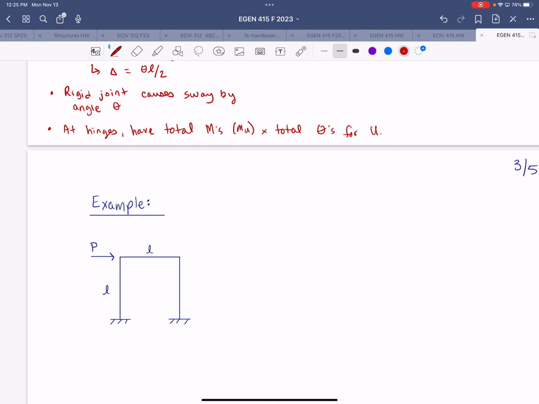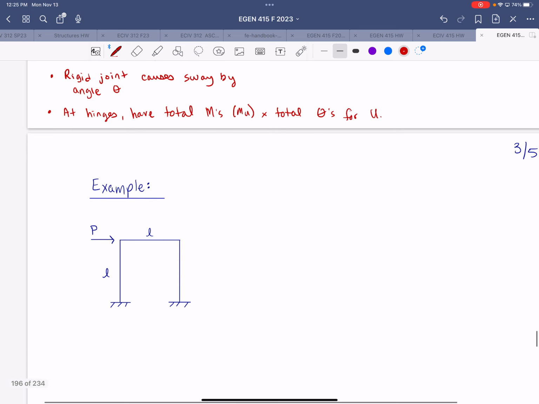That previous frame was 1 degree indeterminate, but we had one mechanism that used 3 hinges and one mechanism that used 2 hinges, right? So really with the side sway option, we only needed 2 hinges to occur. In this frame, we need more than that.